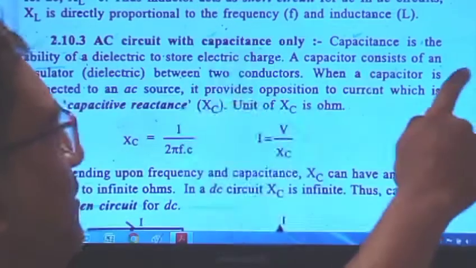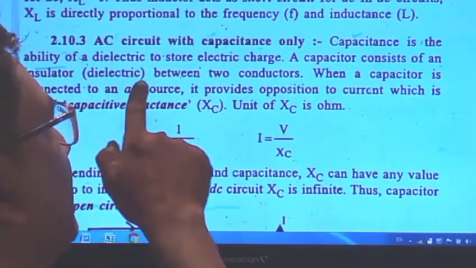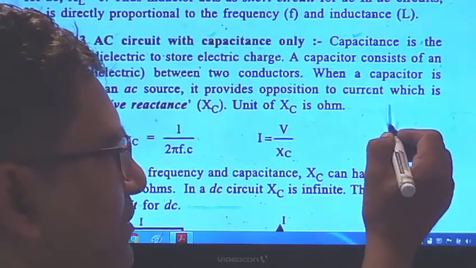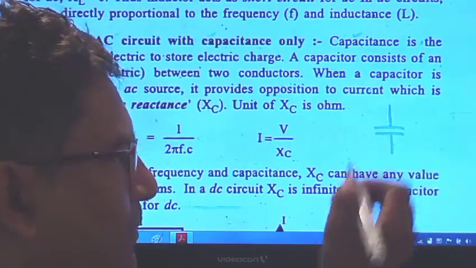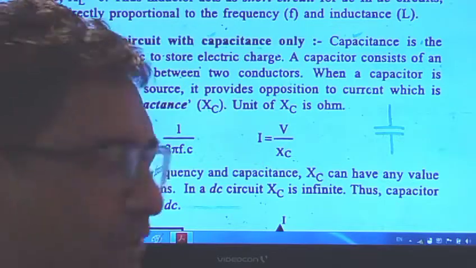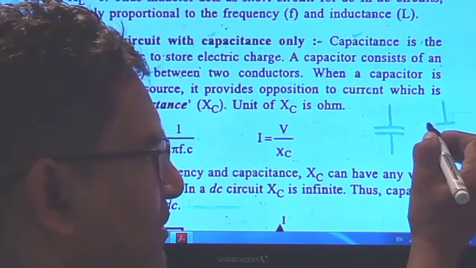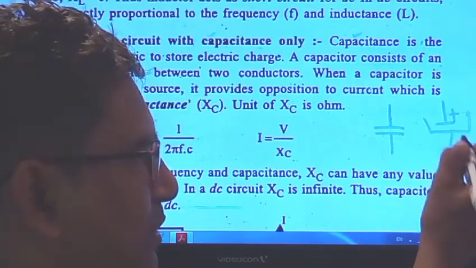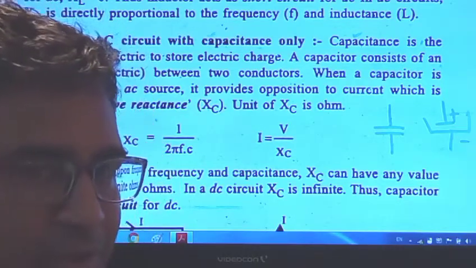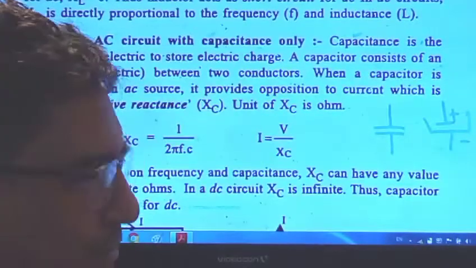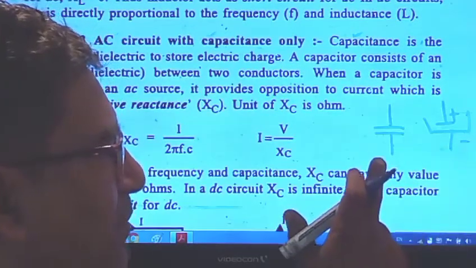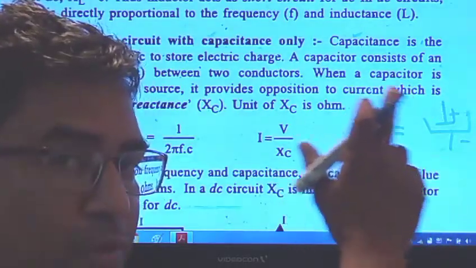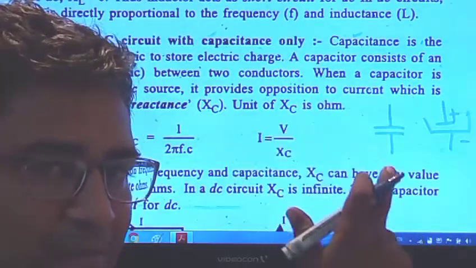The capacitor consists of an insulator, that is a dielectric, between two conductors. The symbol for the capacitor is like this, and if it is an electrolytic capacitor, the symbol looks like this, with a positive terminal and a negative terminal indicated by plus and minus. This is a simple disc capacitor, but both capacitors consist of parallel plates.